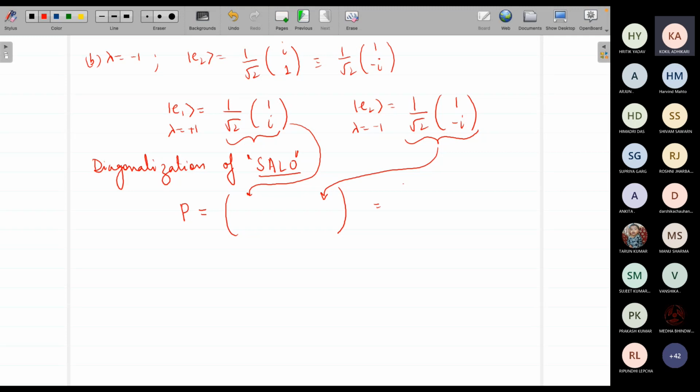So I can write 1 over root 2, 1 i, 1 minus i. I have constructed a 2 by 2 matrix, and this matrix is nothing but the column vectors, which are the eigenvectors of this Hermitian operator.